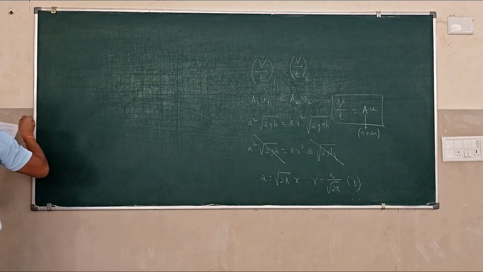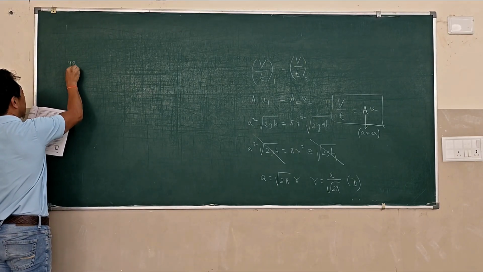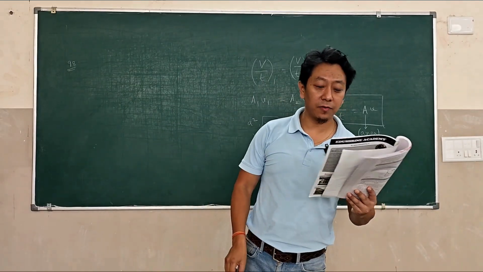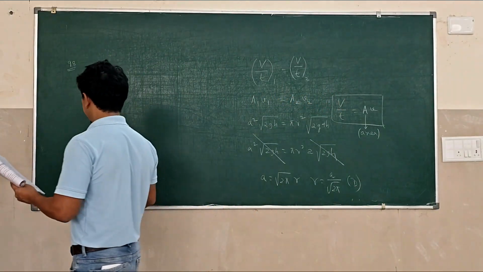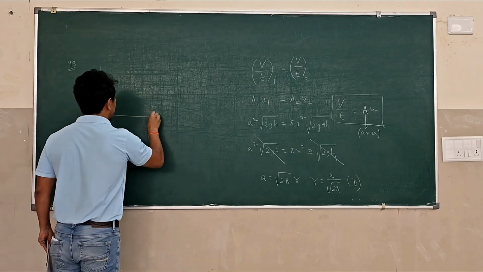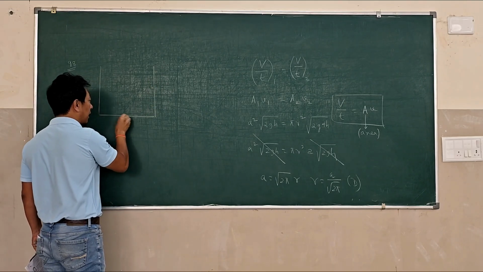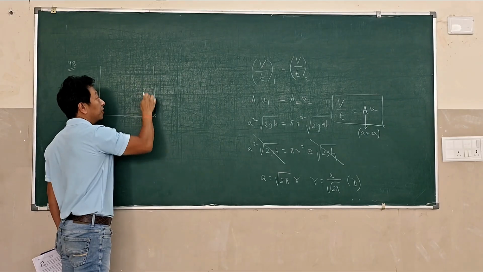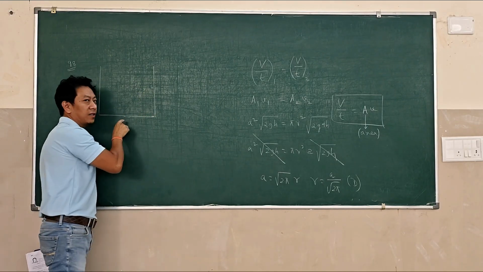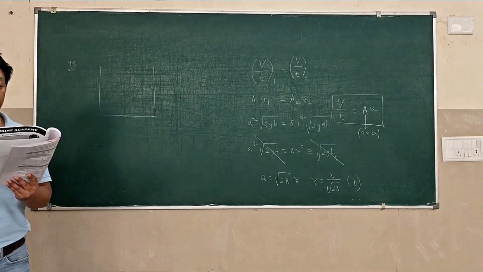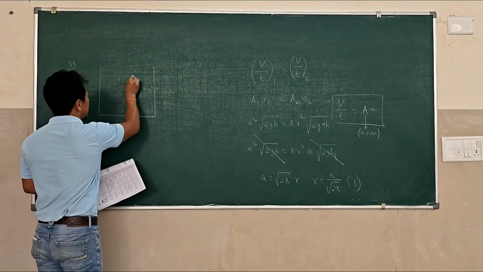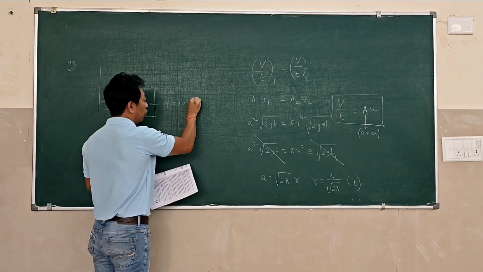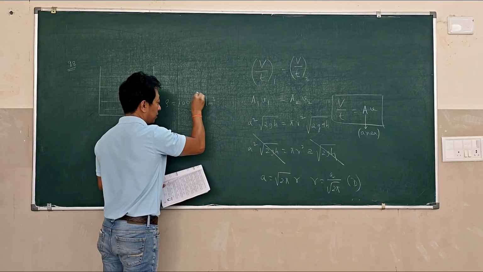See question number 98. A hole is made at the bottom of a tank filled with water. Let's say here. You can make it here also, same thing. Height will be h, no. Let me make it here. They told bottom of the tank. The water's density is given, 1000, that we know already from our previous knowledge.